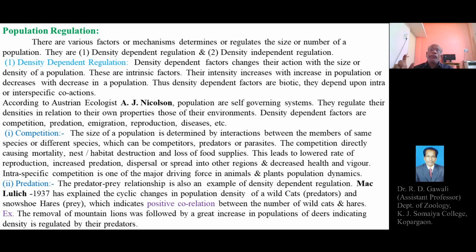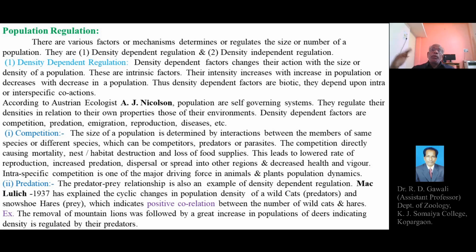Usually the competition will occur for a respective type of food, and this respective type of food can only be consumed by the members of the same species, and that's why the chances of competition among the individuals of a population are higher among organisms belonging to the same species, that is intraspecific competition.